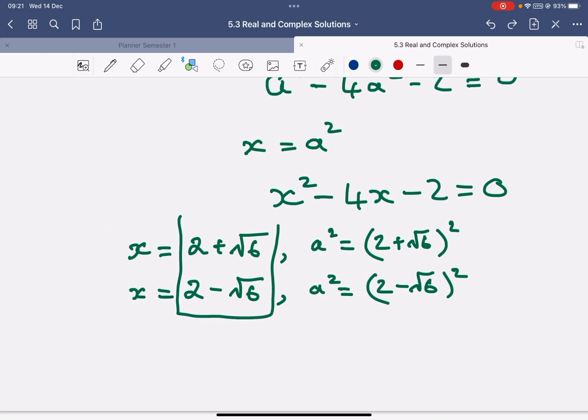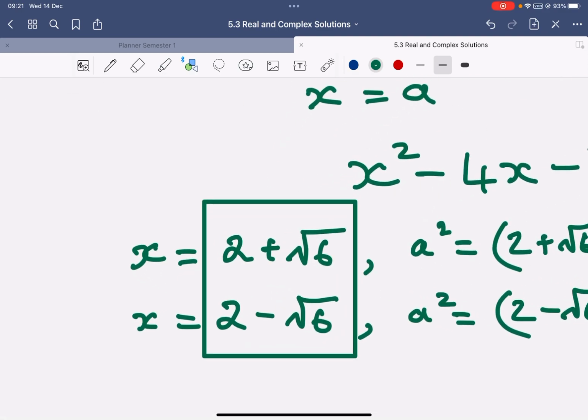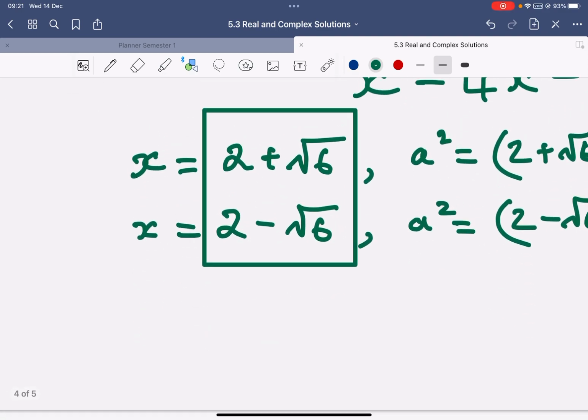If I substitute the a squared in, I have to square root the answer, because I'm actually looking for a. In fact, I'm just thinking about this now, I'm actually going to get a plus and a minus in my answer here. So I'm going to get plus and minus the square root of 2 plus root 6, and also plus and minus the square root of 2 minus root 6.